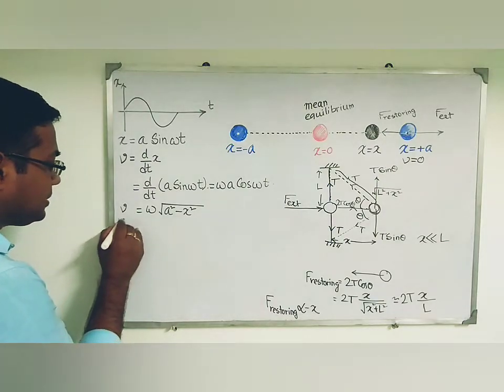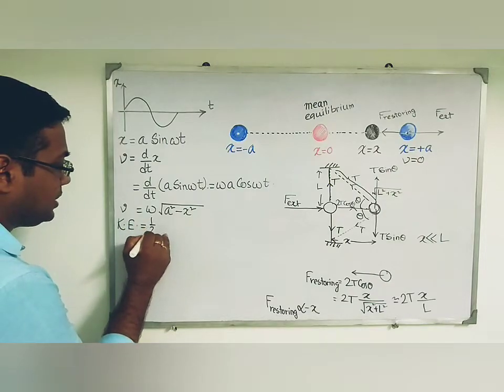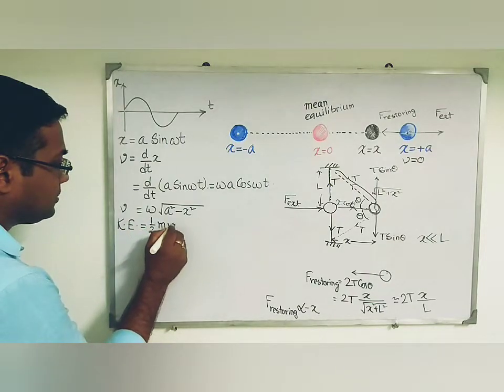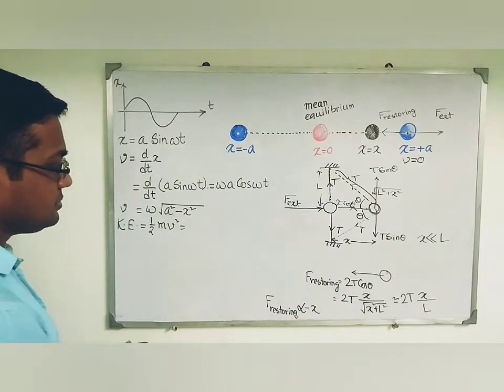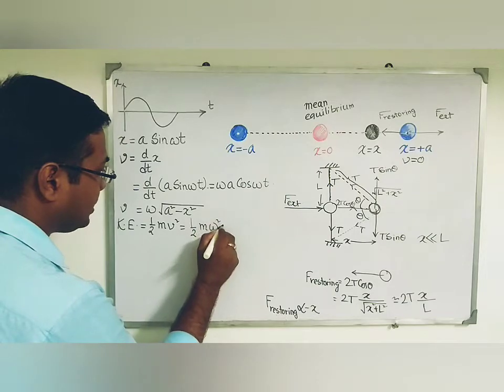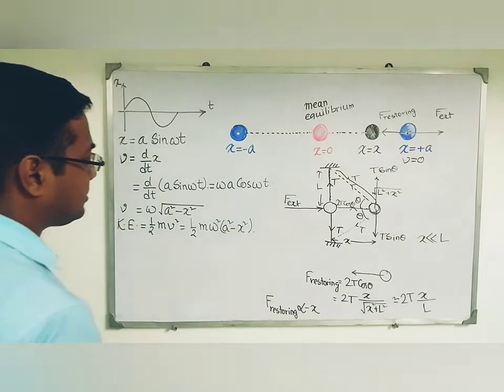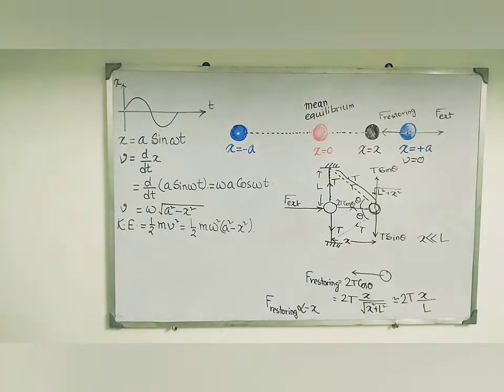So if I calculate the kinetic energy, it will be 1 by 2 m v square. So it will be 1 by 2 m omega square into a square minus x square. So this is the expression of the kinetic energy.